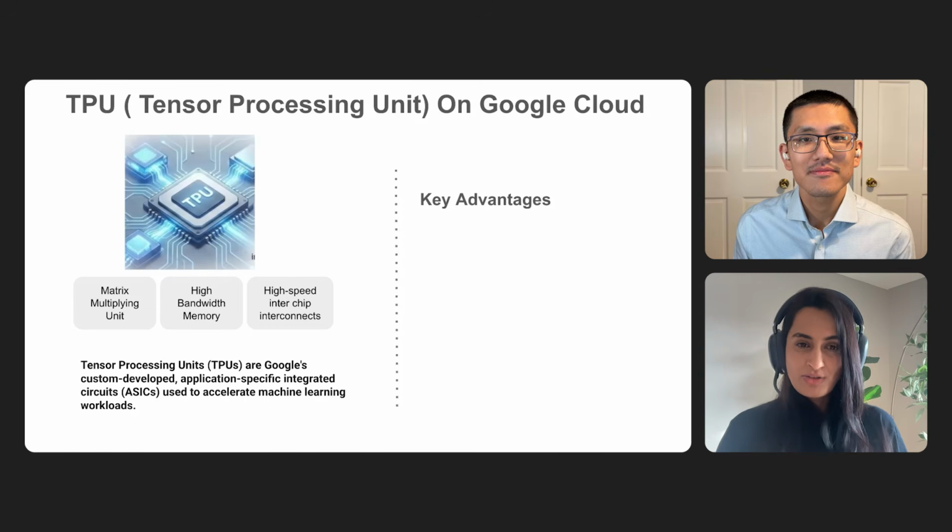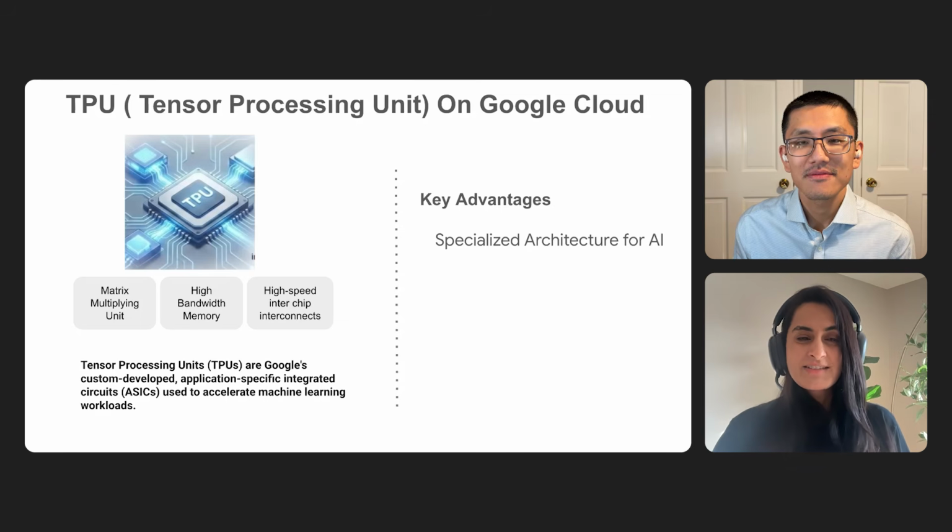To recognize one image, it takes billions of these operations. The MXU is the hardware that makes TPU so powerful. It's a dedicated matrix math wizard that can perform this massive calculation in a single step, making the entire process thousands of times faster and more efficient than a general-purpose chip. That is what I call a specialized architecture for AI.